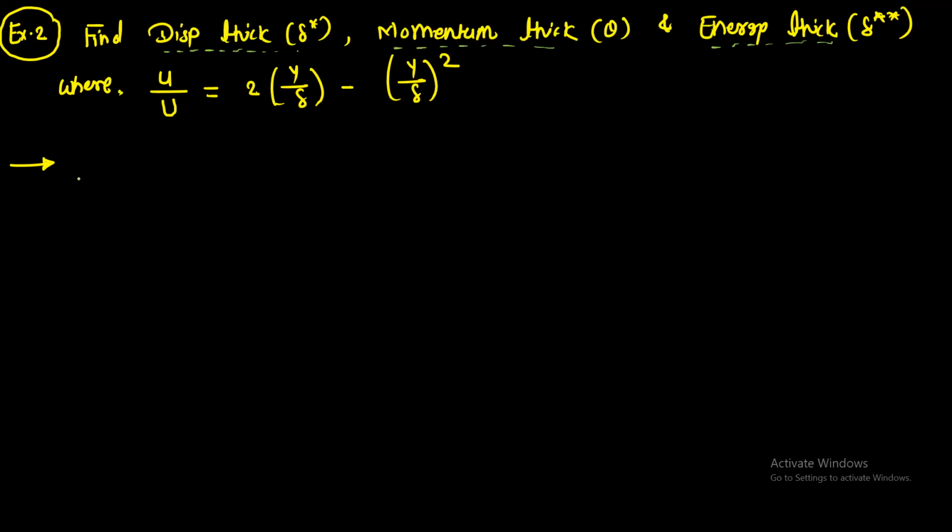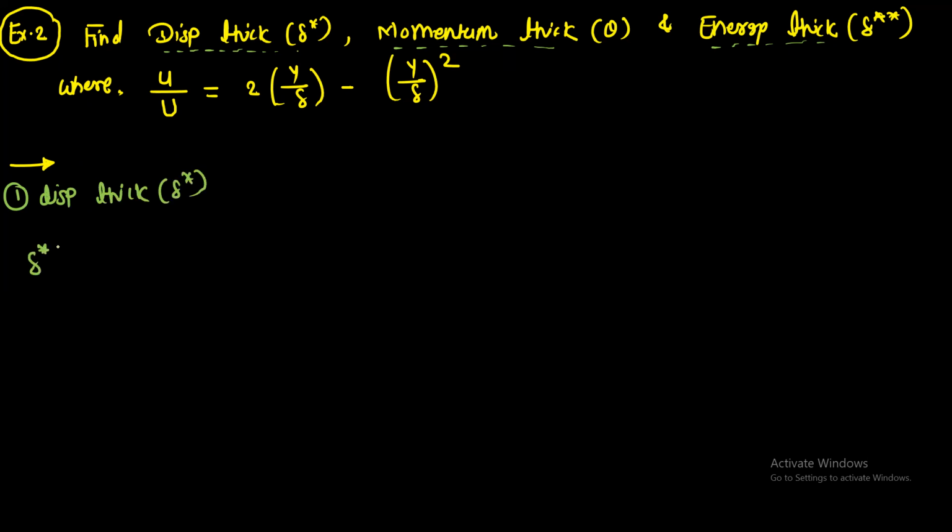Okay. So the formula will remain the same for displacement thickness, momentum thickness, and the energy thickness. So first we will find out the displacement thickness, which is the delta star.